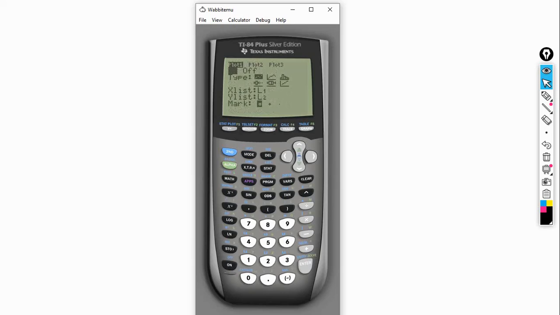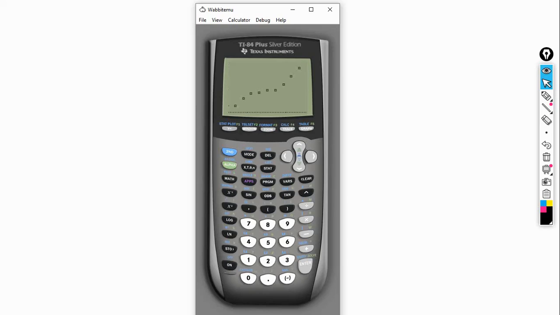We choose the right type, and then we make sure that the X list is list 1, which represents the temperatures, and the Y list is list 2, which represents the lengths. Now let's go to Zoom and option number 9, which is Zoom Fit.